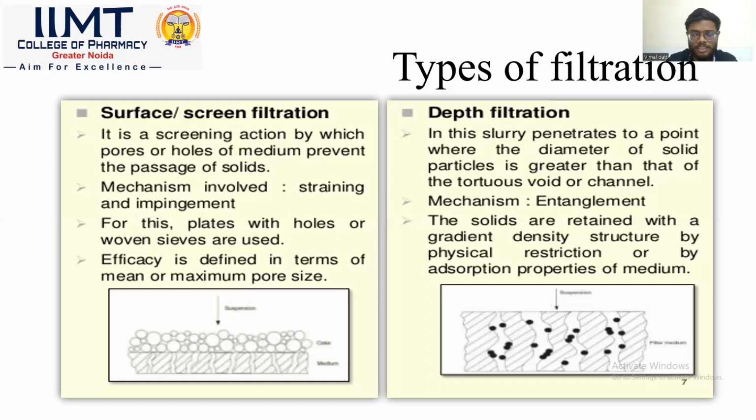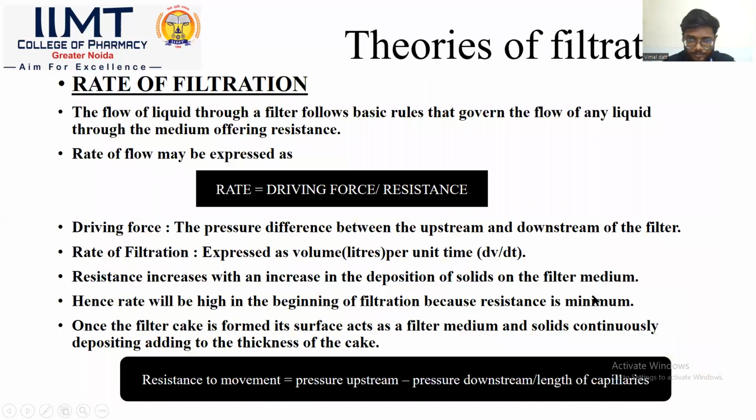So in this process, the particles just pass through the filter medium and stick in the holes, and then it shrinks the size of our filter medium, by entangling within the pores or capillaries.